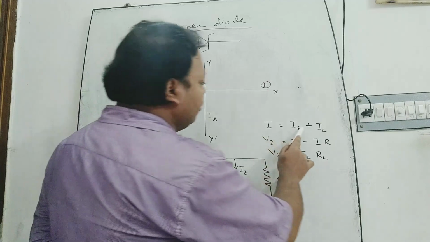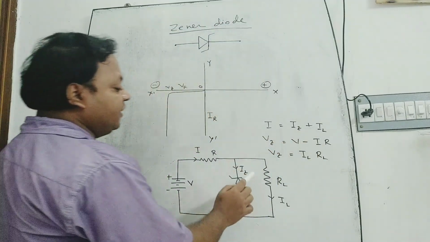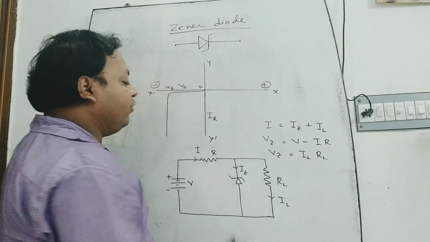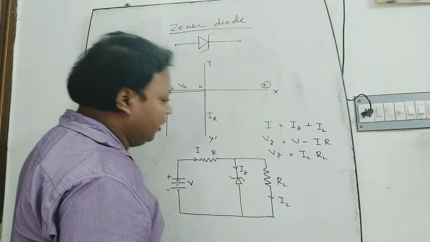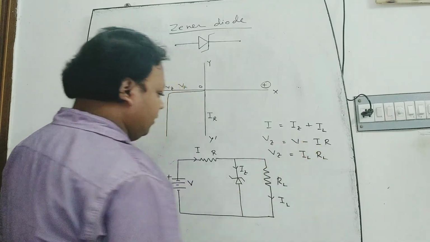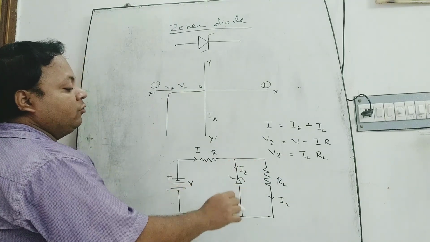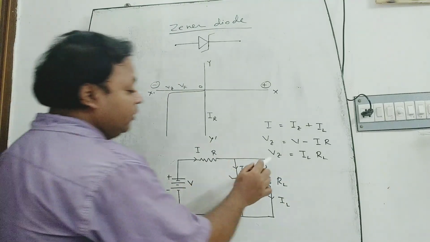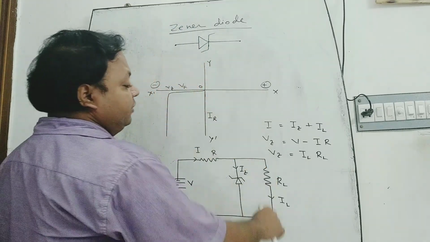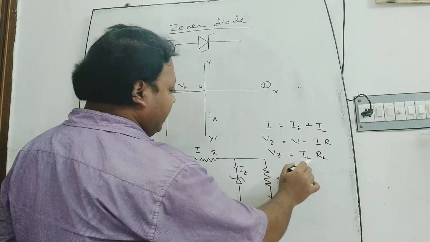Here I is equal to IZ plus IL, and VZ, the potential difference across the Zener diode, is equal to V minus IR. Since the Zener diode and load are connected in parallel, the potential difference across the load resistance is also VZ, equal to IL times RL.